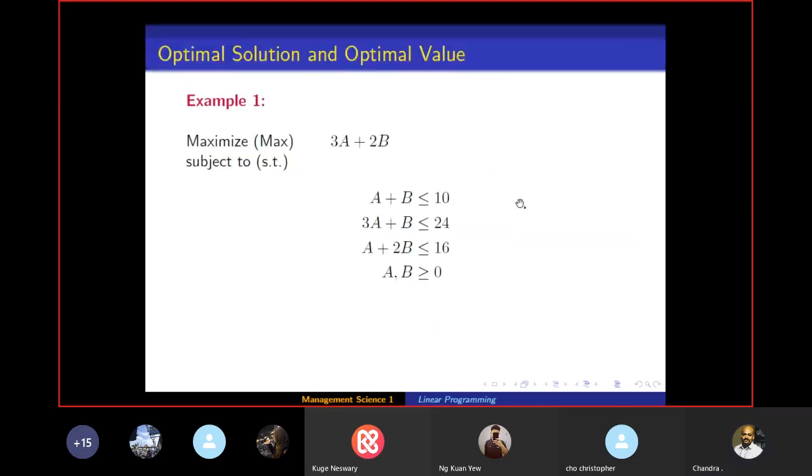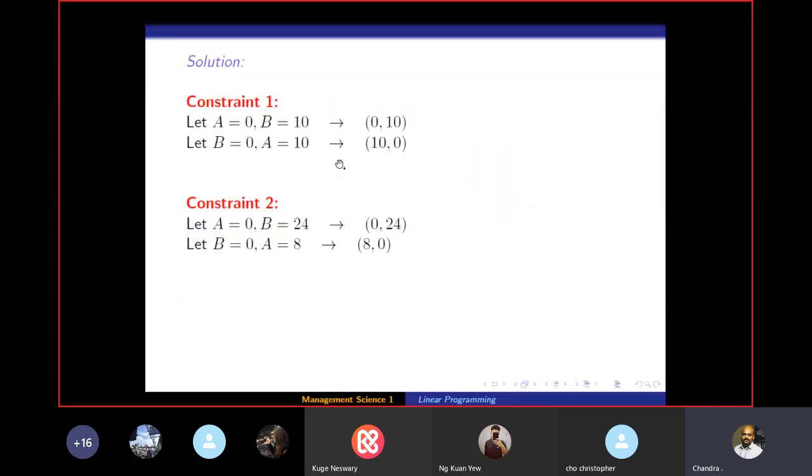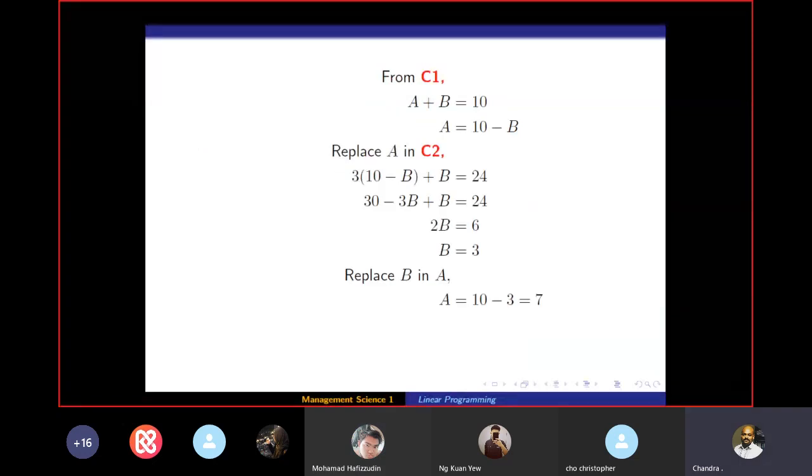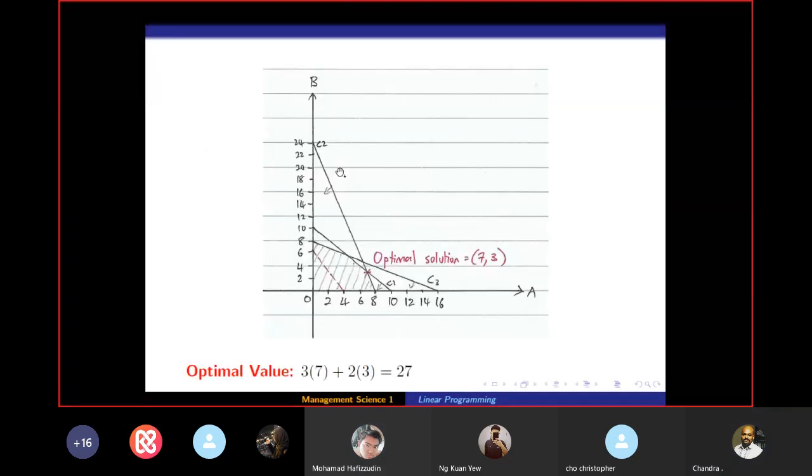If you notice, I went through optimal solution and optimal value for you in example 1. Please recall that I asked you to draw the graph and find the optimal solution.